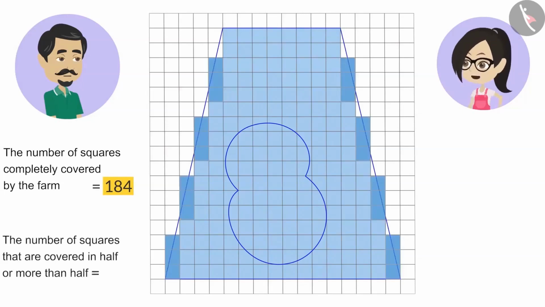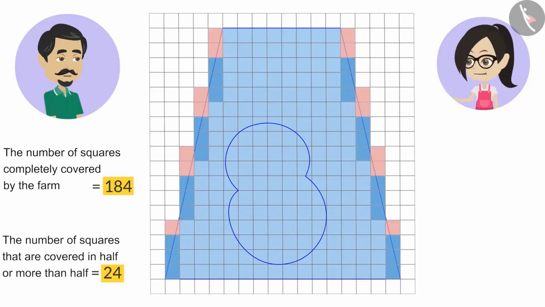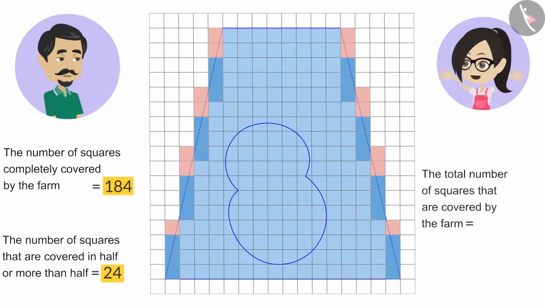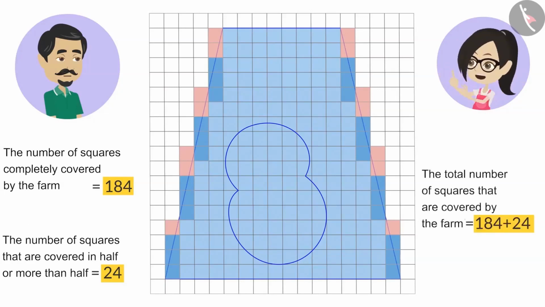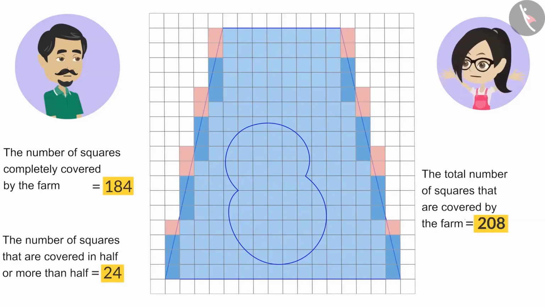Their number is 24. Some of the squares are covered in less than half by the farm. We don't count them. That means the farm has covered almost 184 plus 24 squares. Therefore, this farm covered almost 208 squares.